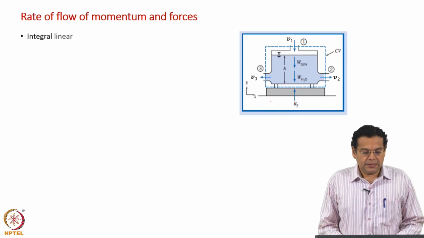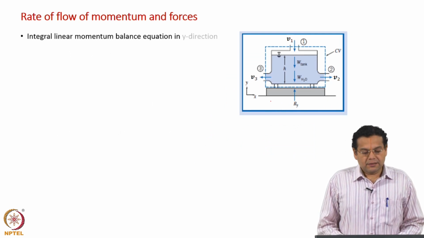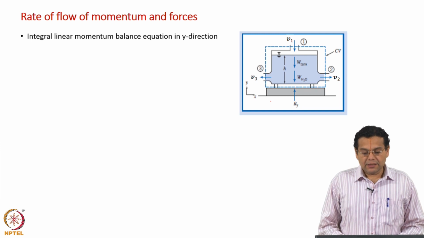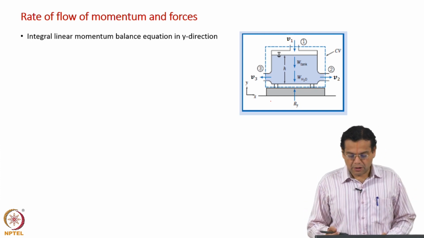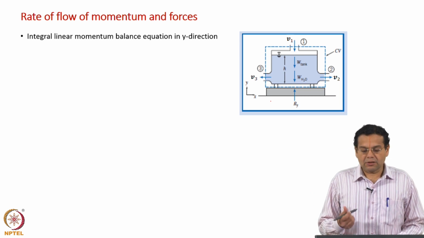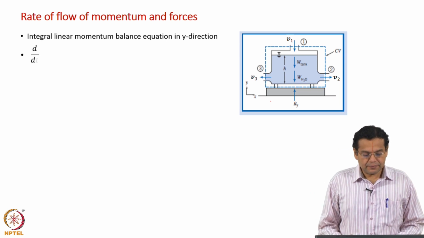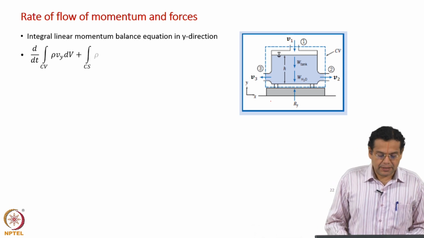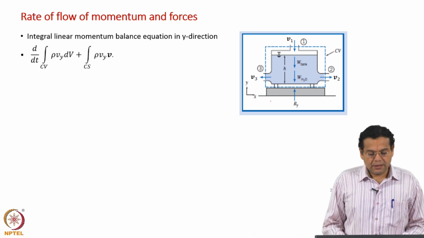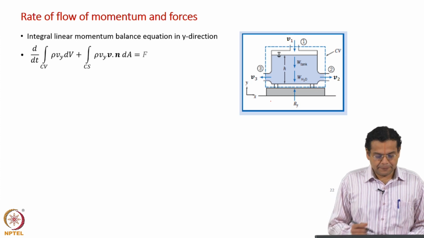We will start with the integral momentum balance in the y direction, because we are interested in the force of the balance on the control volume. So that is the integral balance equation in the y direction.